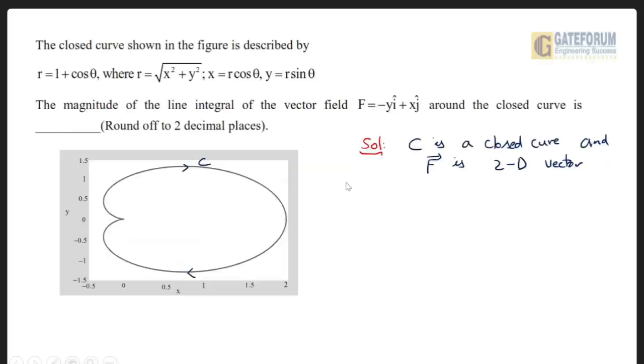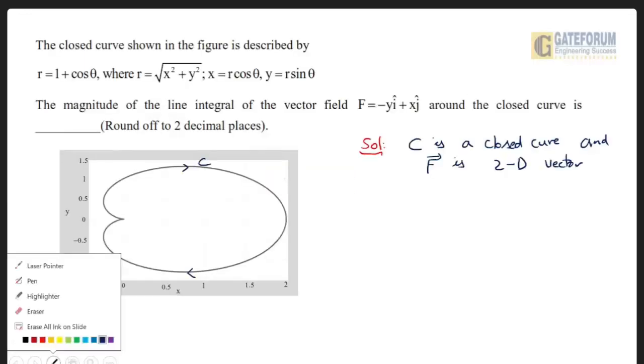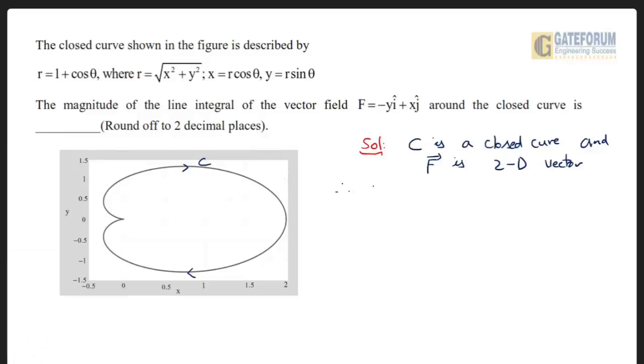Therefore, the line integral of f bar around C, a closed curve, is the integral over C, this is the closed curve symbol, f bar dot dr bar, where r bar is nothing but x i bar plus y j bar in 2D variables.